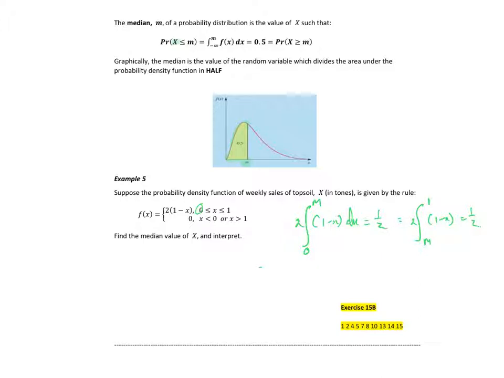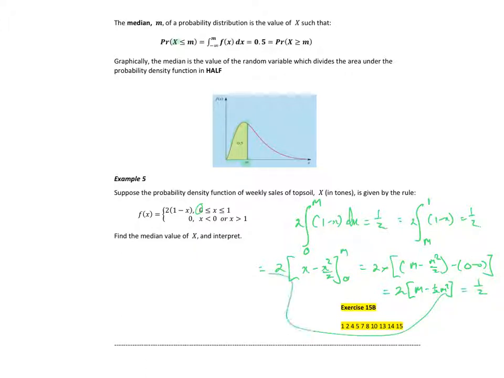So let's come back in here, 2 times the integral of x minus x squared on 2 between m and 0, which is equal to 2 times, put m minus m squared on 2 minus 0, which is 2 times m minus a half m squared, and that equals a half.